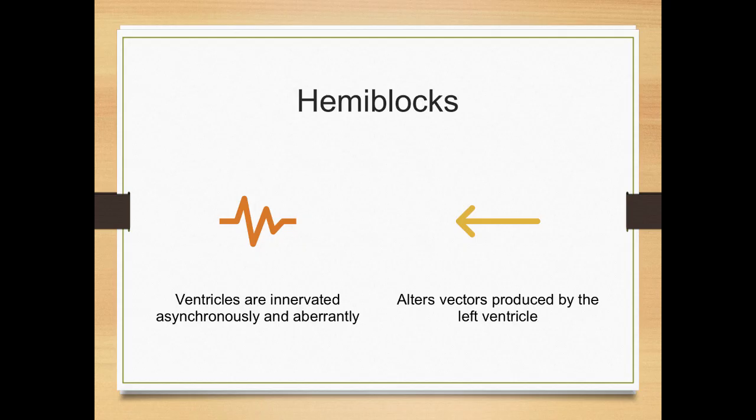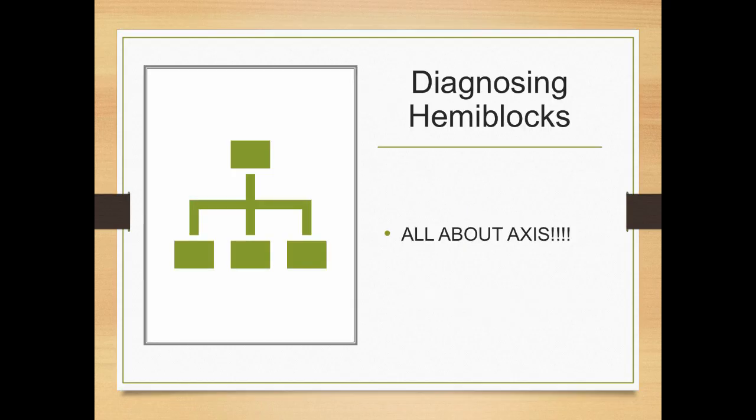And we're altering our vectors. We're looking at the left ventricle, and we have left ventricular dominance. You remember that? Because the left ventricle is kind of big, the big bully. So with the fascicular blocks, these hemiblocks, we are altering the vectors in our left ventricle.